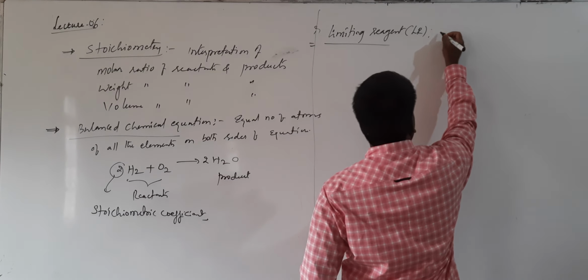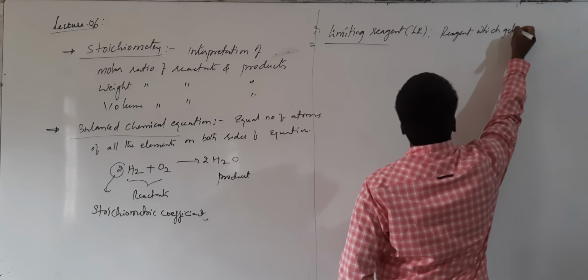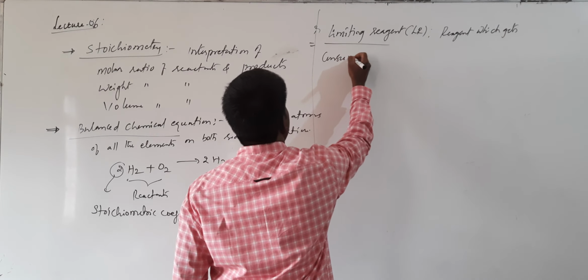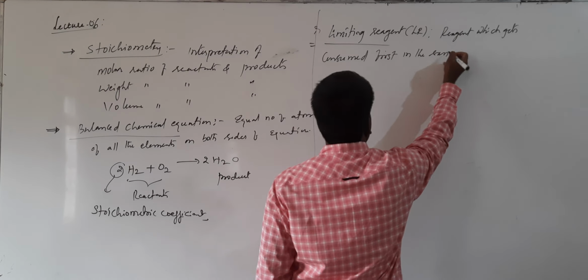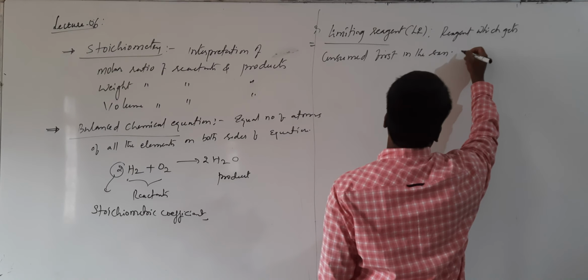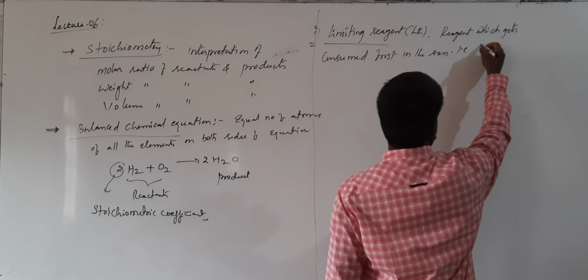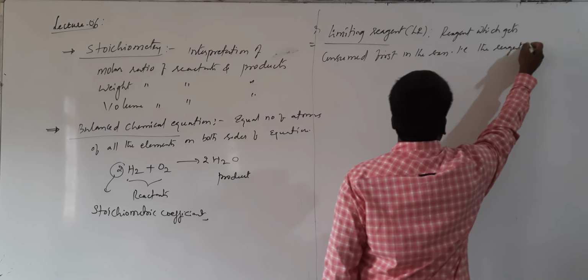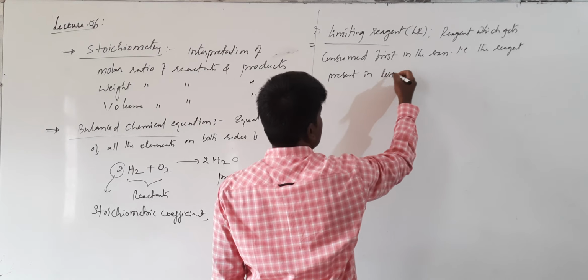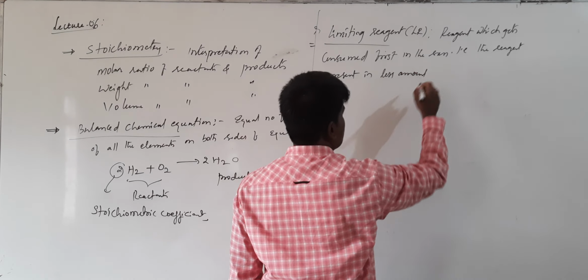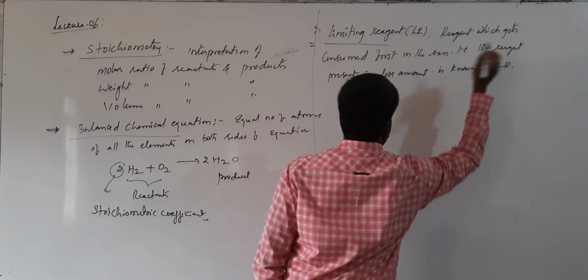What is meant by limiting reagent? A reagent which gets consumed first in the reaction, or the reagent which is present in less amount, is known as the limiting reagent.